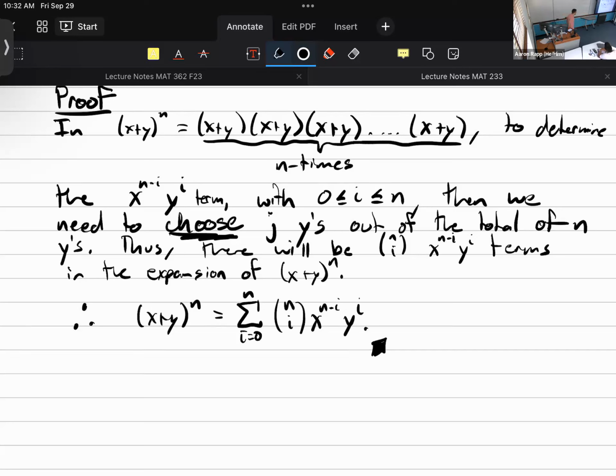So for every possibility of i, starting at 0 and going to n, we add those choices together. You can see that we generate what is called Pascal's triangle as well, or the binomial expansion.